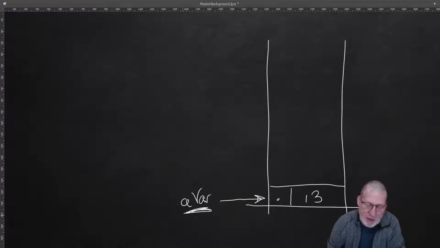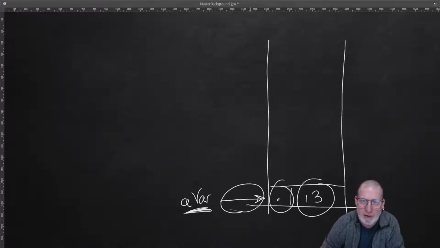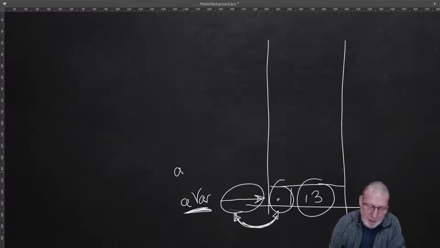In one language and one language only can you change this, this, and this reference. And that's C++. In all other languages, you're not allowed to change these two things. What I mean by that is, let's say I create another variable.